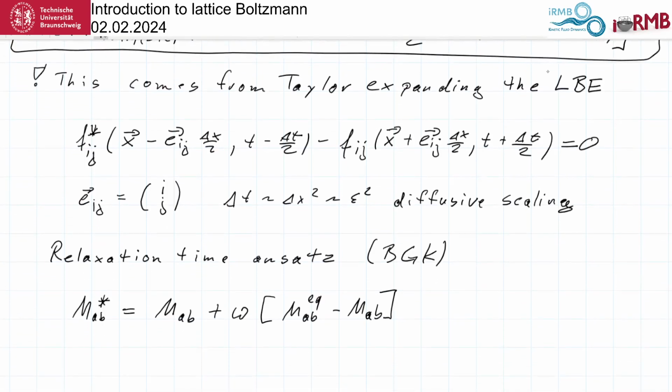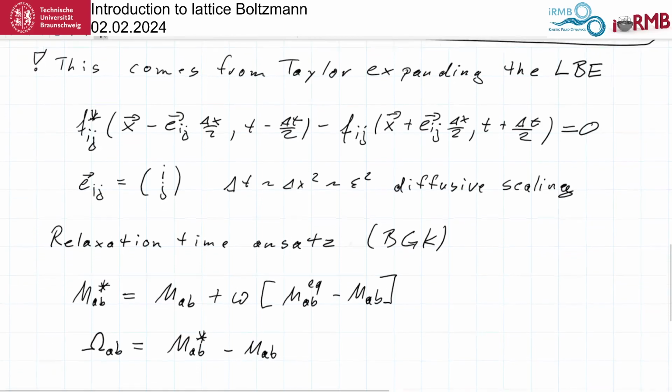We also define this Omega_AB as the collision term, very simply the post-collision moment minus the pre-collision moment. Obviously the difference between them is the collision.